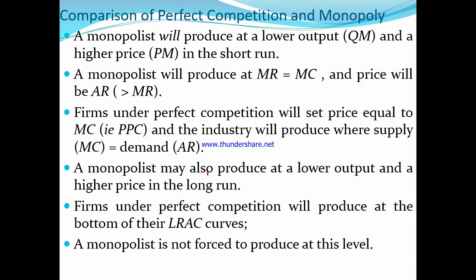At the end of it all, a monopoly will always produce a lower output and sell it at a higher price because it has market power.